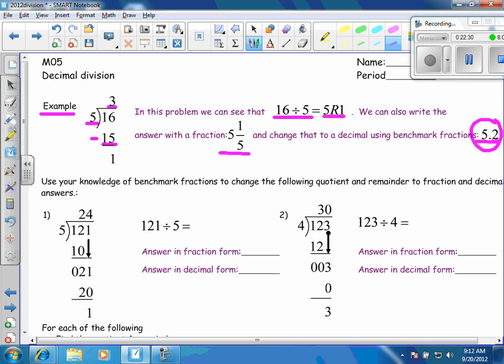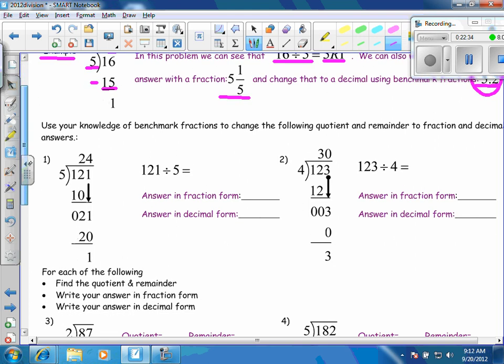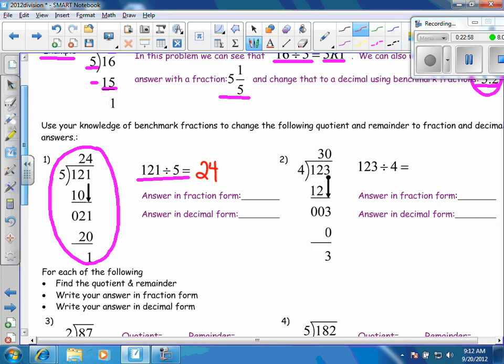Okay, so on problem 1, it started for you, so you're just supposed to read from all the work. The division's done for you. So from all of this work here, what's the answer to 121 divided by 5? Emma? 24 remainder 1. Now can you put that in fraction form?